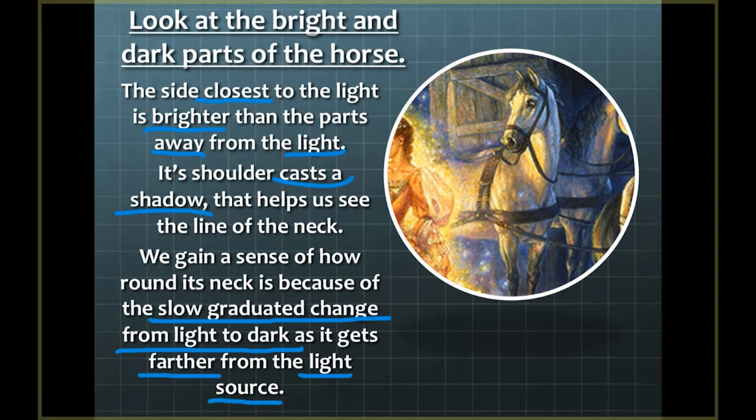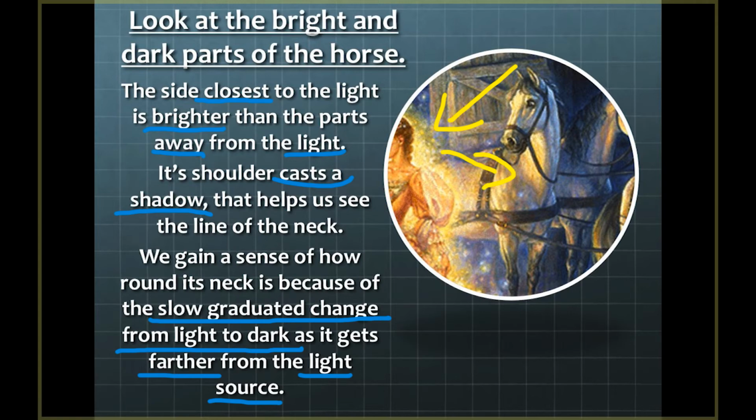What I'm getting at here is if you look closely right here at the horse, on this part of the horse, the part of the horse that's closest, let me change the color of my pen here. Is that easier to see? No, I want to go with the yellow. The part of the horse that is closest to our light source is bright.